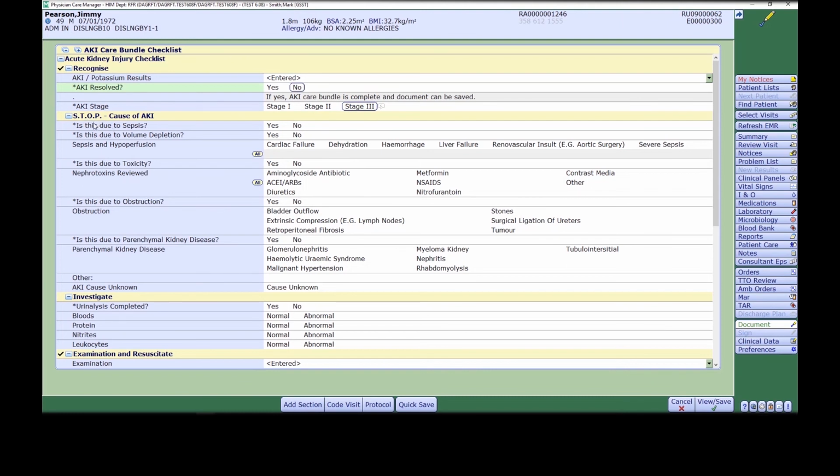I like the STOP acronym, which stands for sepsis and hypoperfusion, toxins, obstruction, and parenchymal kidney disease. The reason I favour that over pre-renal, renal, and post-renal is because it gets you to the most frequent causes straight away, which is sepsis and volume depletion. So in this example, we'll say the patient has AKI due to sepsis and hypovolemia.